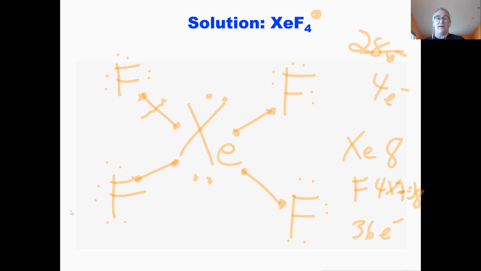Now, let's figure out if there's any charges that we need to deal with. So how many valence electrons? Now we're not dealing with total this time. How many valence electrons does each fluorine have? Now remember, 7.